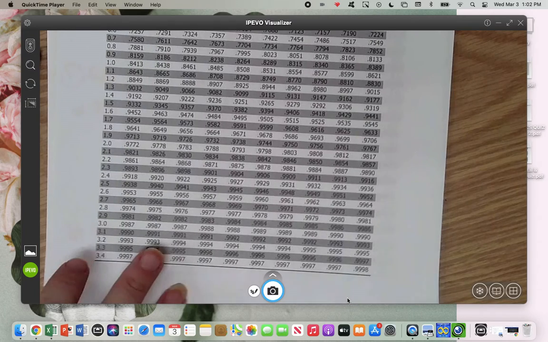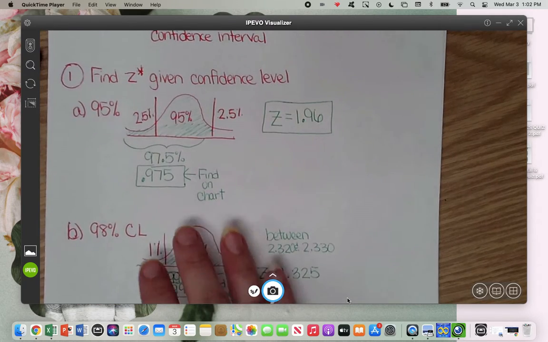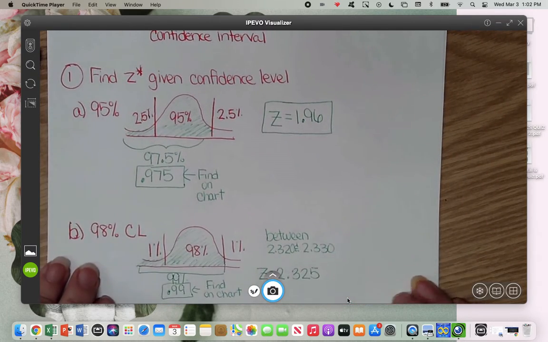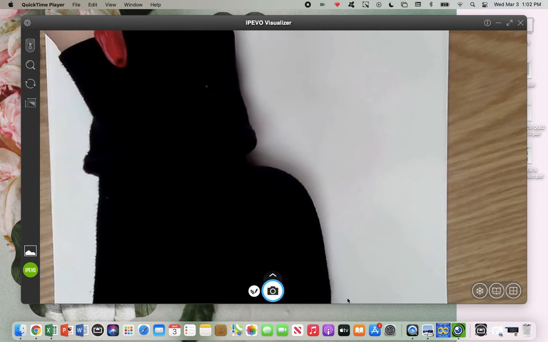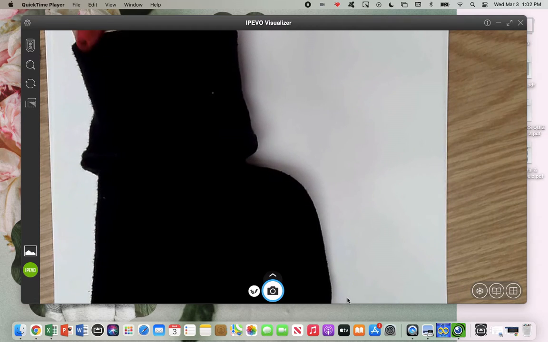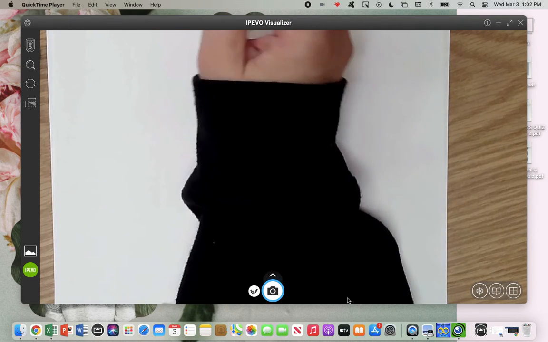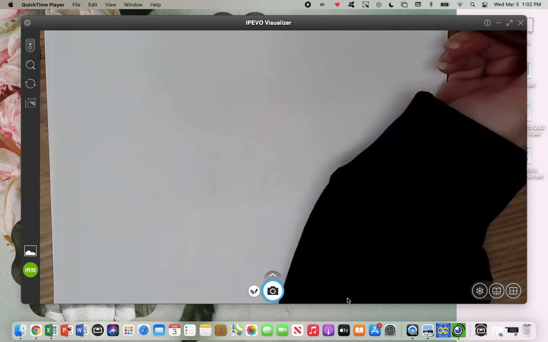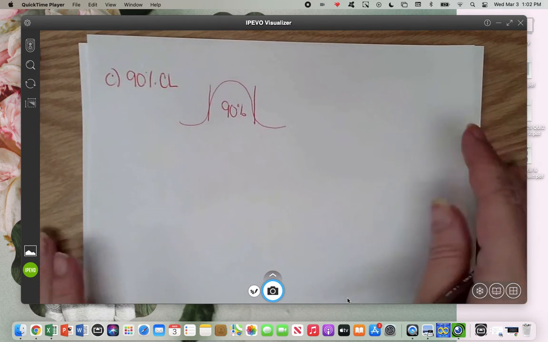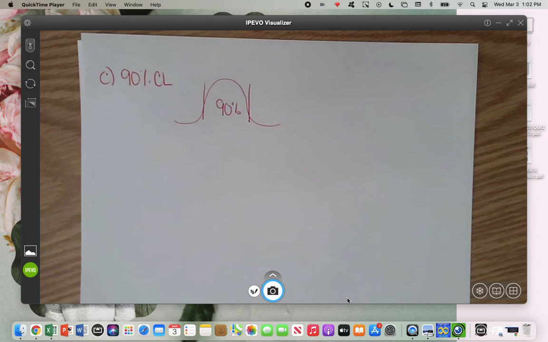All right, so I have a couple more of those. Let's do a 90% confidence level this next time. So that means that my upper and lower bound includes 90% of the data. So a 90% confidence level means I'm in between.